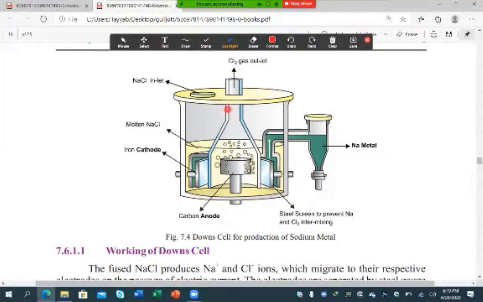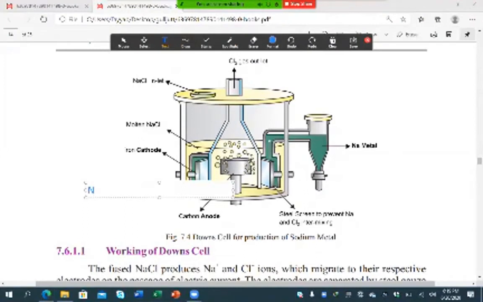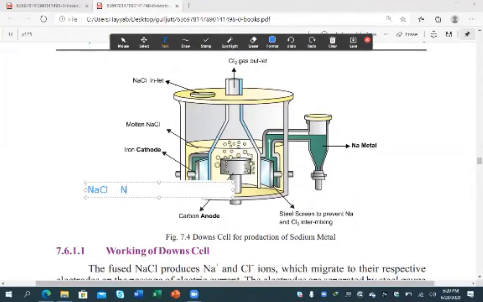Here I write it in text form. Here you all see how sodium chloride, NaCl, splits into Na positive and Cl negative.